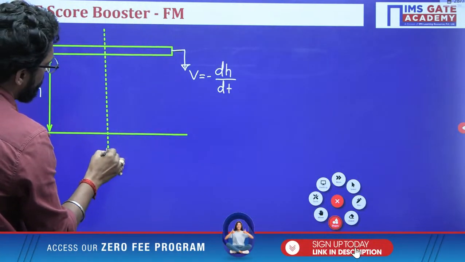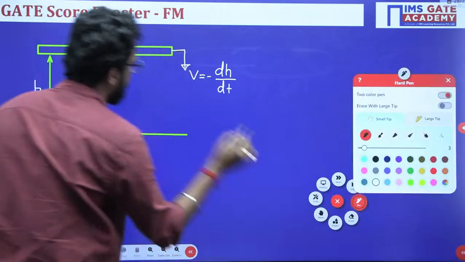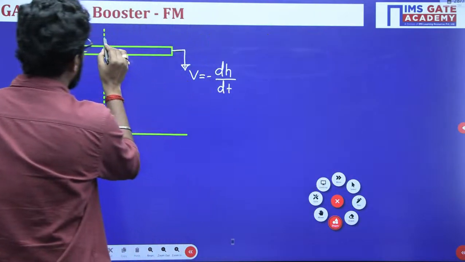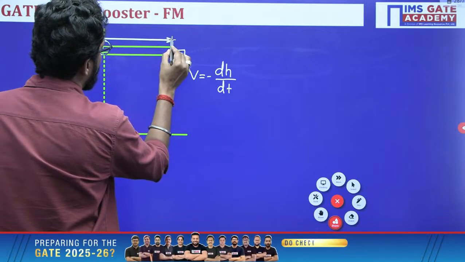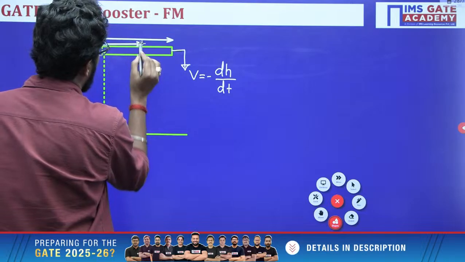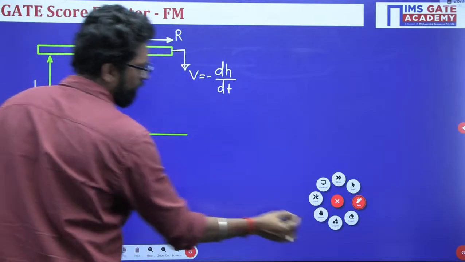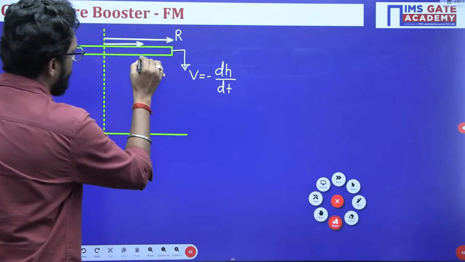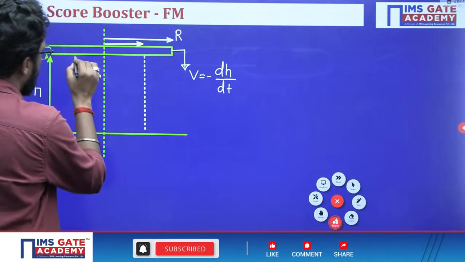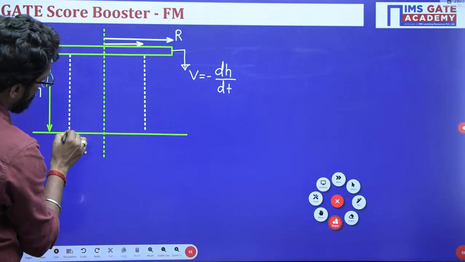This is a radius, R. And at any radial location, let's suppose small r, capital R, small r, take the control volume. We are taking the control volume.